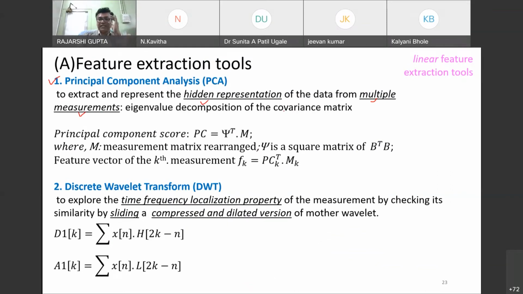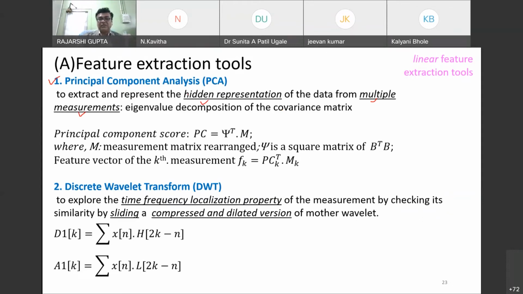Now the question is, when we are measuring a single channel signal, how to make those multiple measurements? The basic trick is you chop the measurement, say every 3 seconds, 4 seconds, or 5 seconds, as if you are making multiple measurements. Number two is that these measurements must have some basic correlation between them. If the data is uncorrelated, there is no use of making the PCA analysis.